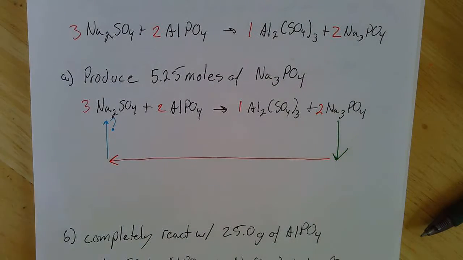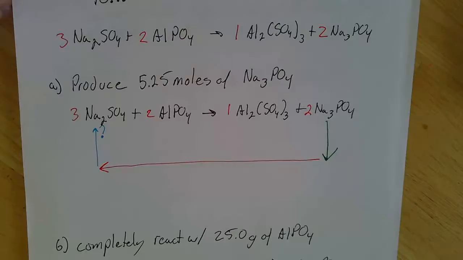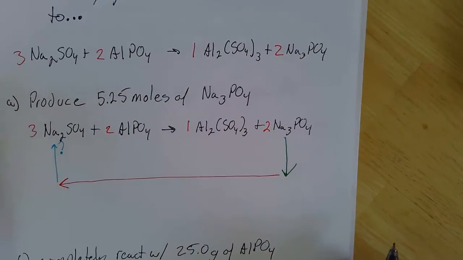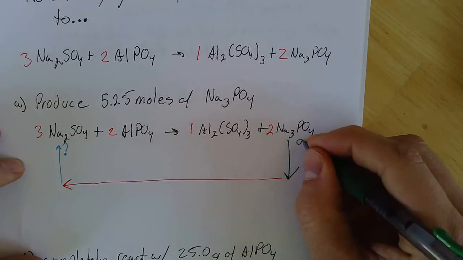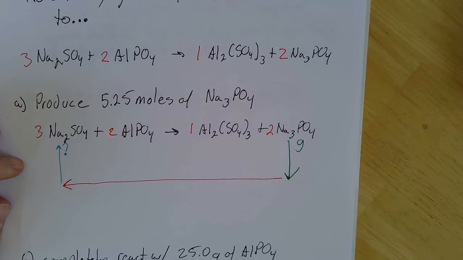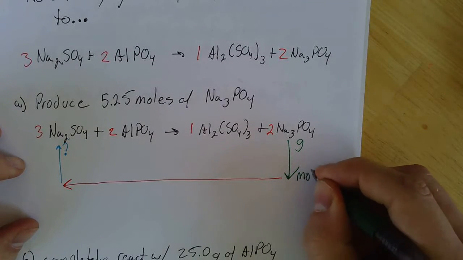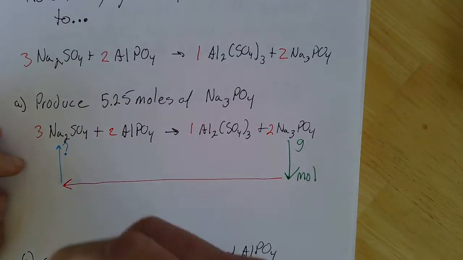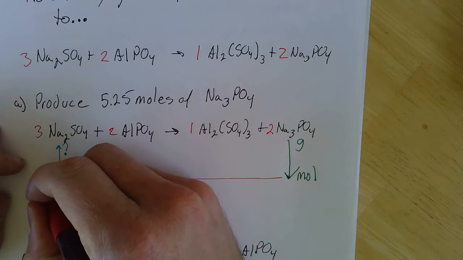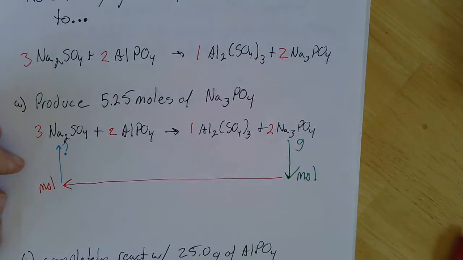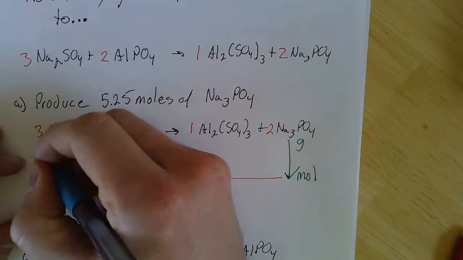And what those arrows are, those are the possible ratios that we could use. Okay, so I'm going to write some more stuff in. If I have grams, I'm up here. Then I get down to my mole level right here, and I'll explain that in a second. And I come over to my mole level right here, and then I go up to my gram level right here.